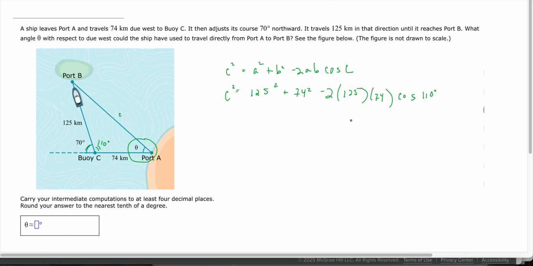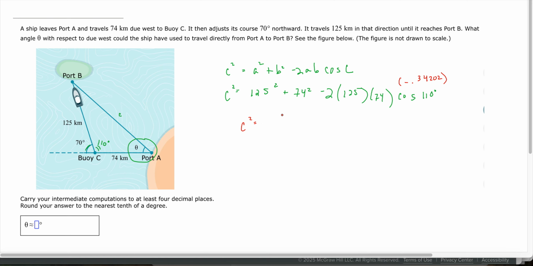Just to save a little bit of time, make sure your calculator's in degree mode, but cosine of 110 is going to be about negative 0.34202.